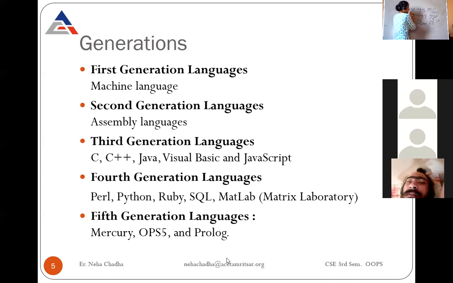Then comes the third generation language, that is called the high level language. I said C or C++ is an example of your third generation language, that we are going to implement in our syllabus. If I write hash include iostream.h.